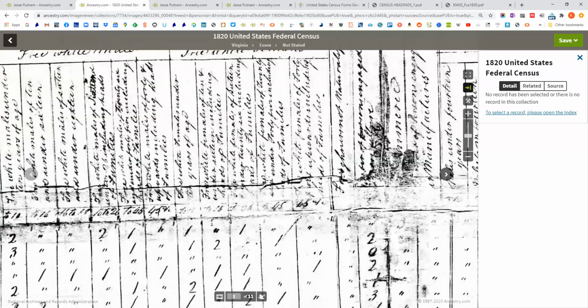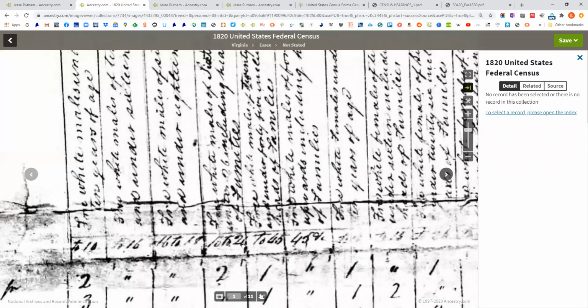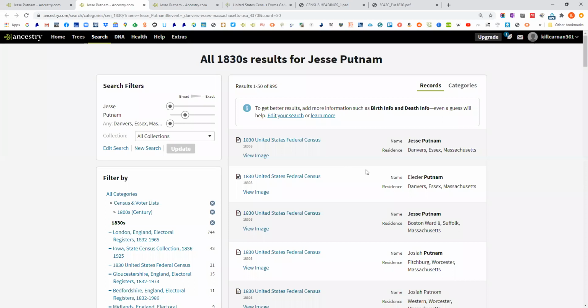And again, you still get the 16 to 18, 16 to 26. And then here they're just looking for 26 to 45 and then over 45. So let's take a look at 1830.